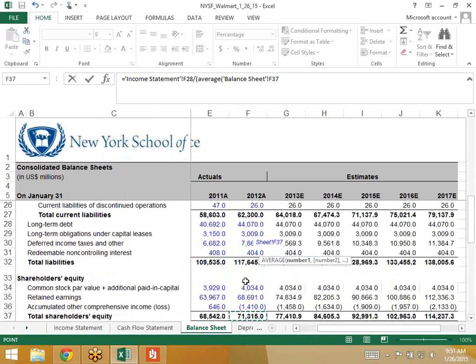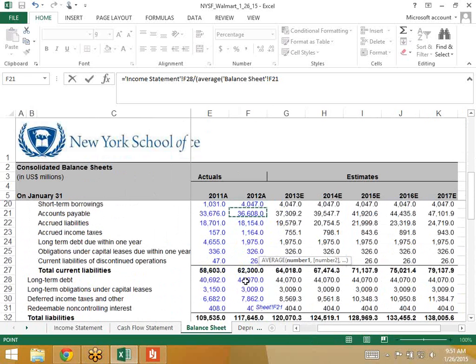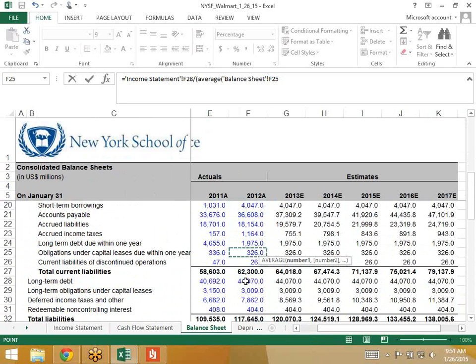But I'm going to take the 2012, where's the long term? Capital leases of 3009 plus the amount due within 1 year, right, comma, 2011, which is a 3150, plus the current due within 1 year, and then double close parentheses.